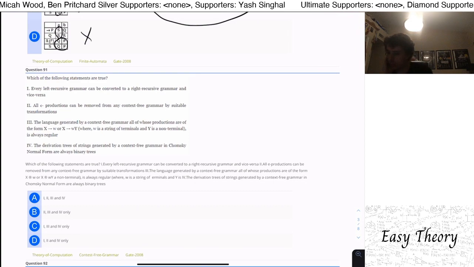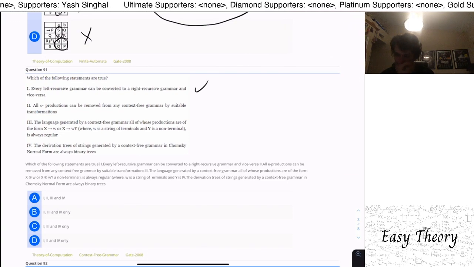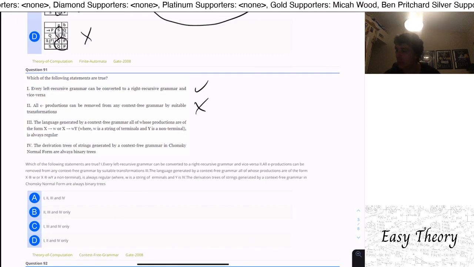91. Every left recursive grammar can be converted to a right recursive grammar and vice versa. Yeah, that's true. 2 is no, it can't, because it may be that the grammar makes the empty string, so that's not possible.